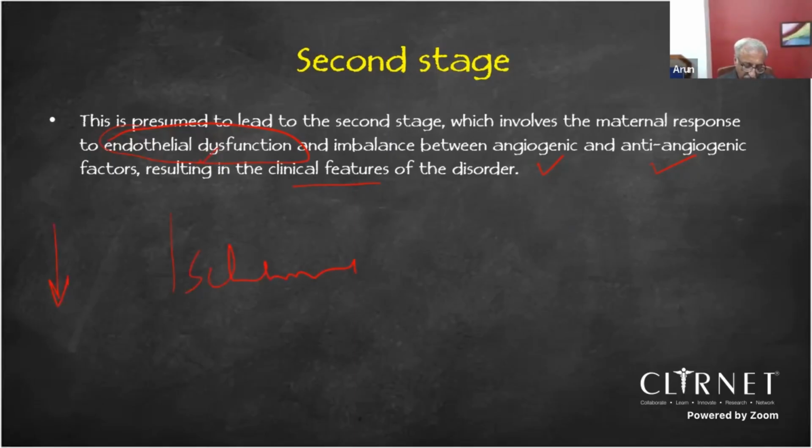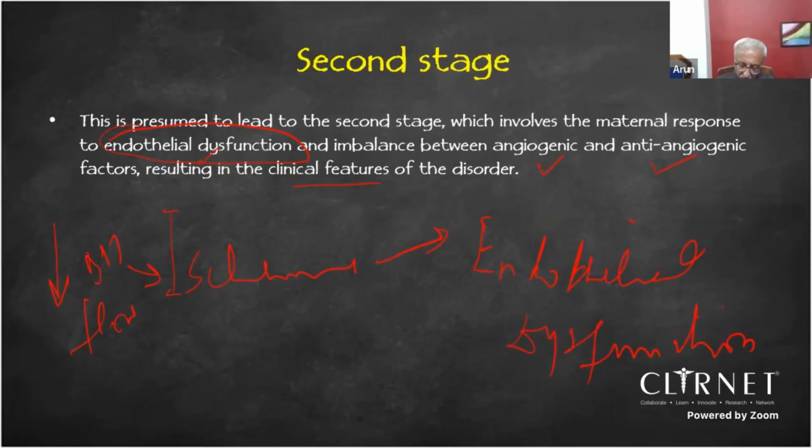Less blood flow leads to ischemia, and that leads to endothelial dysfunction, besides many other things which we will come to later on. So this is a primary factor. Because of decreased blood flow, ischemia occurs and there is endothelial dysfunction.